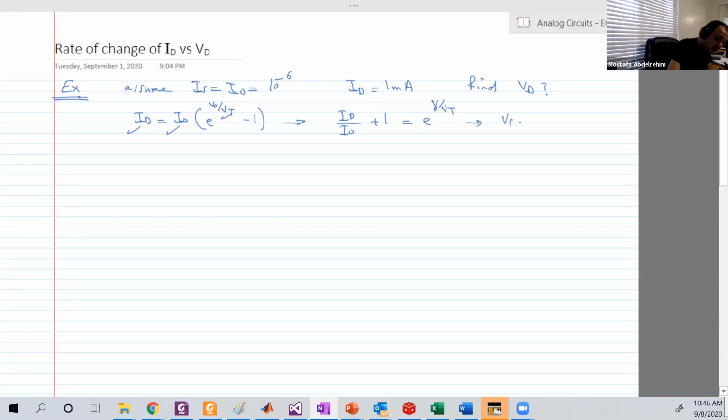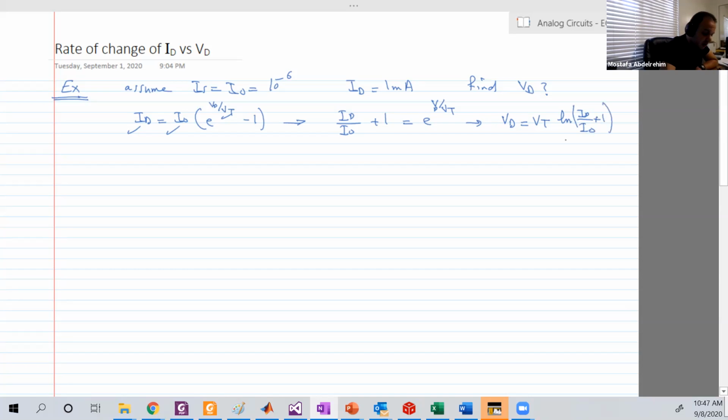So VD is equal to VT ln of ID over I naught plus 1. Most people call it log, but I prefer to use log for base 10 or base 2, and ln for the natural base e.